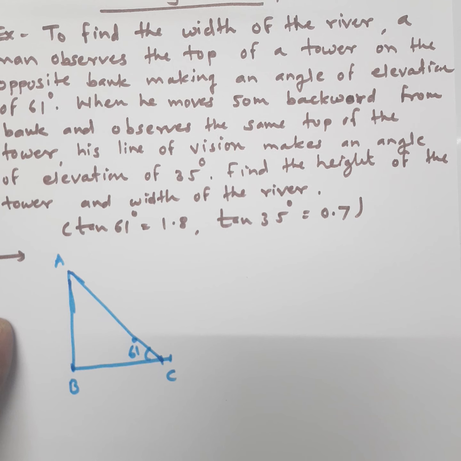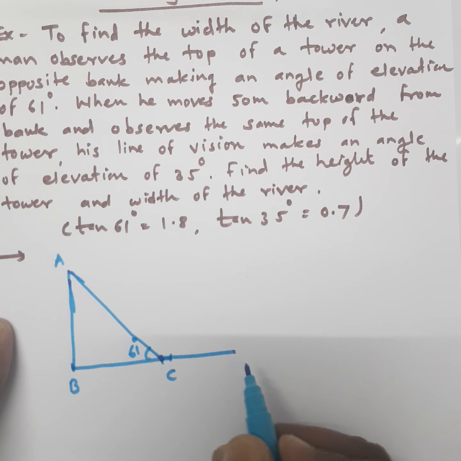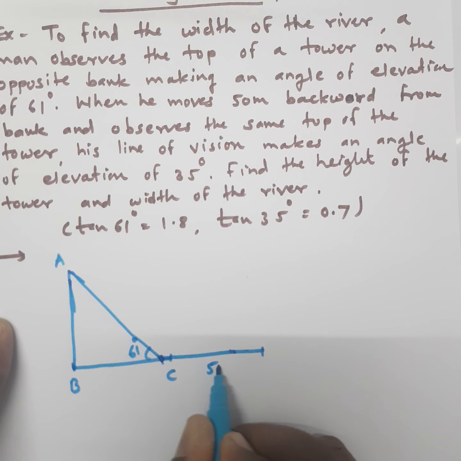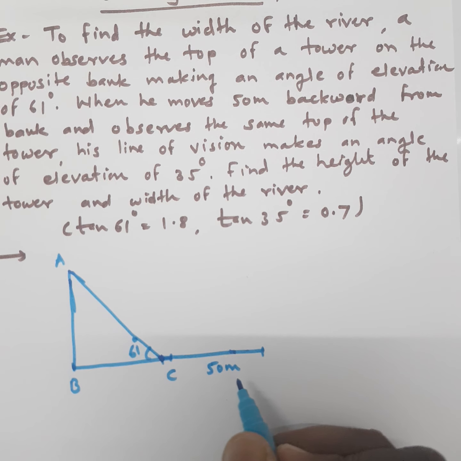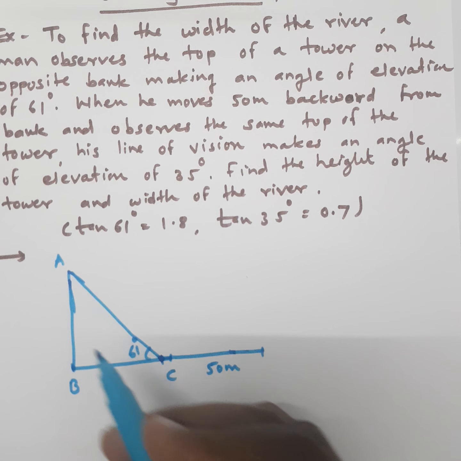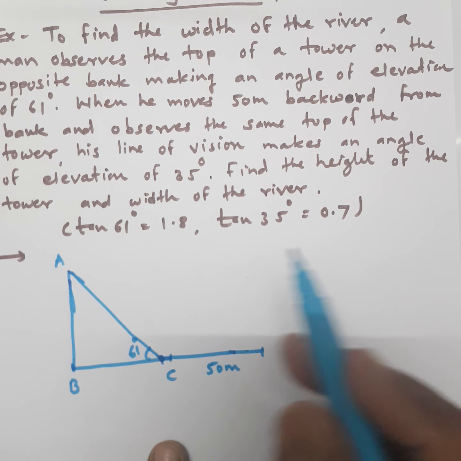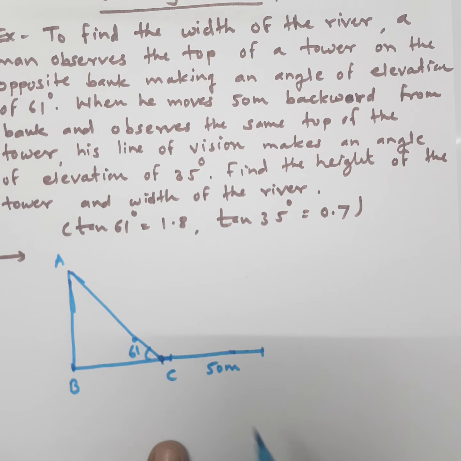Now when he moves 50 meter backward from point C and observes the same top of the tower, the line of vision makes an angle of elevation 35 degree.